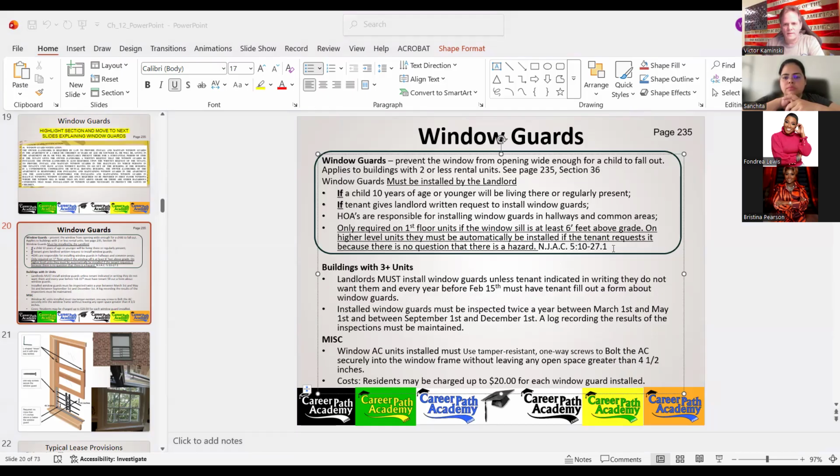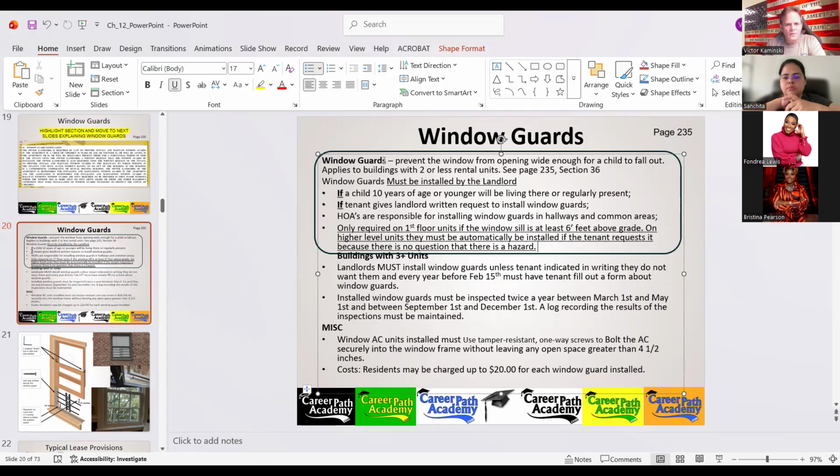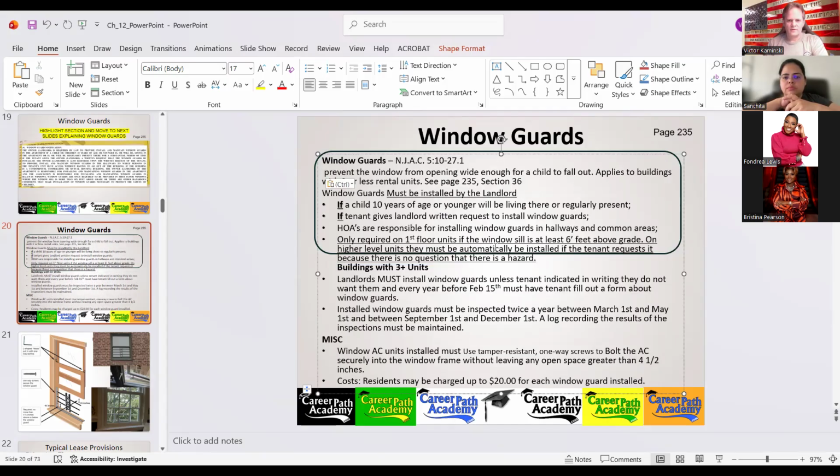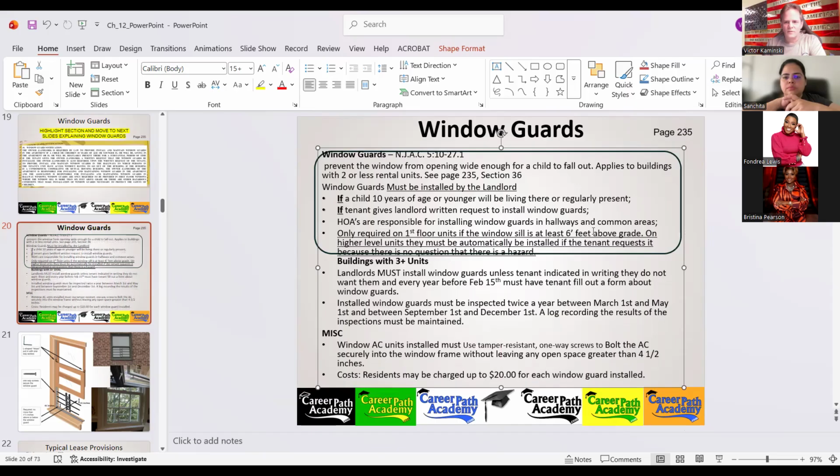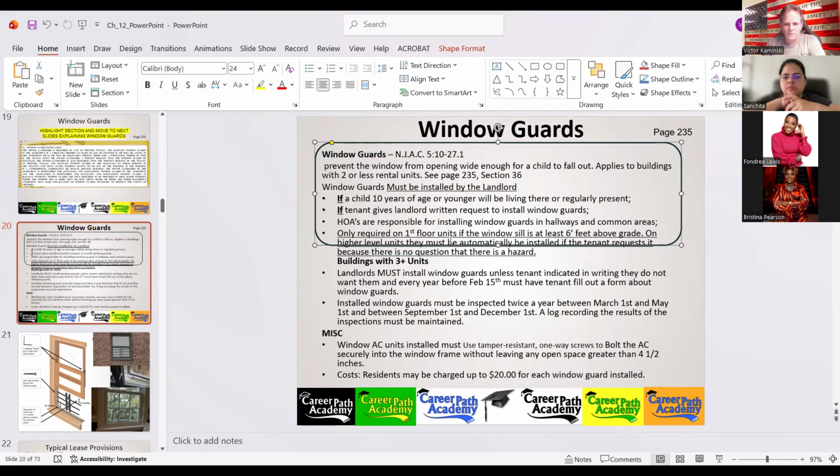Actually, window guards, I'm going to put that right over. Dang it. That's all right, we'll move stuff around a little bit and still make it fit. Here we go.